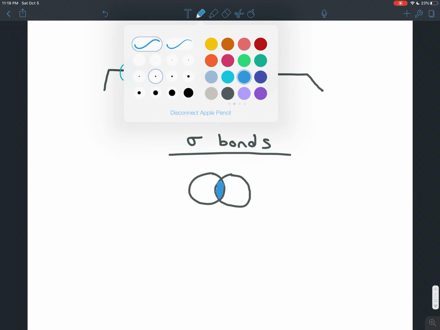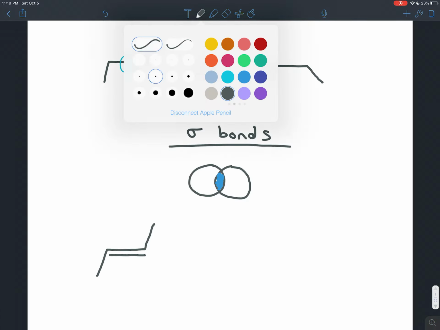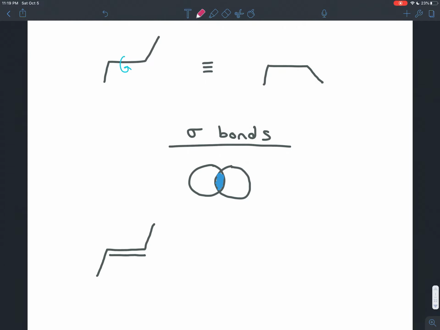If, however, you have a pi bond, so say you had 2-butene, that pi bond cannot rotate. That is not able to rotate like that. And the reason is, the first bond you form is a sigma bond.